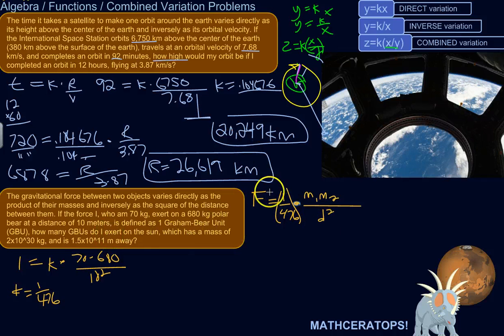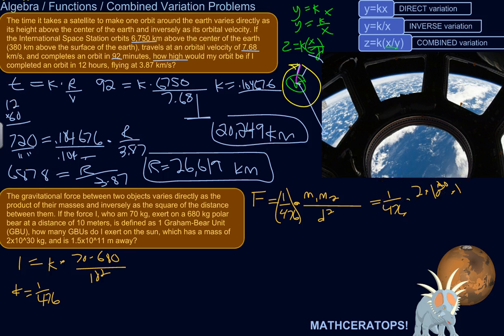So we just say, we're going to do 1 over 476, that's our constant, times the product of our masses, so 2 times 10 to the 30th. I don't need to do the caret if I'm writing this out by hand. And my mass is 70 kilograms still. The bear didn't eat me. Oops.